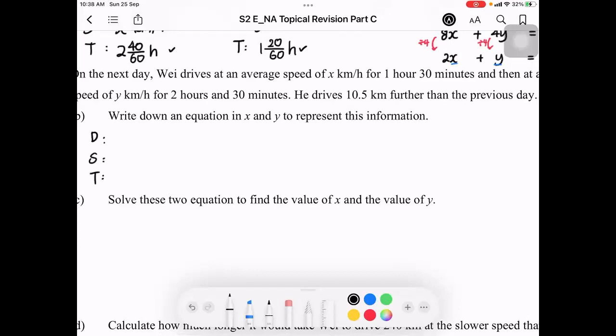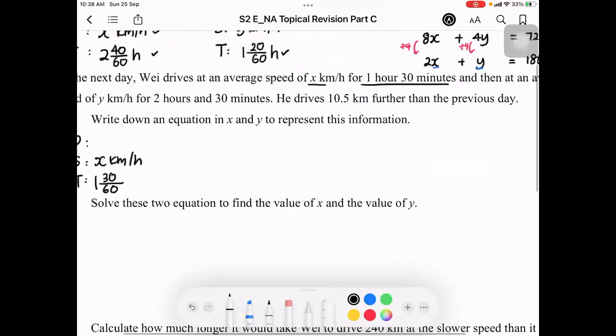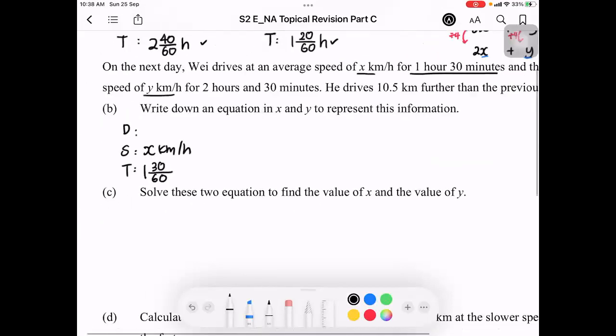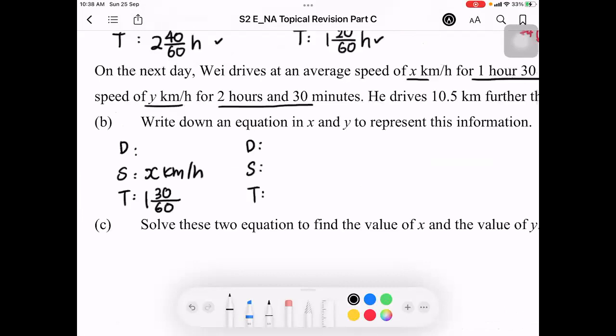He drives at x kilometers per hour for 1 hour 30 minutes. What do you suggest we change the 30 minutes to? 30 over 60, right? And then at an average speed of y kilometers per hour for 2 hours 30 minutes, again change the 30 minutes to 30 over 60.